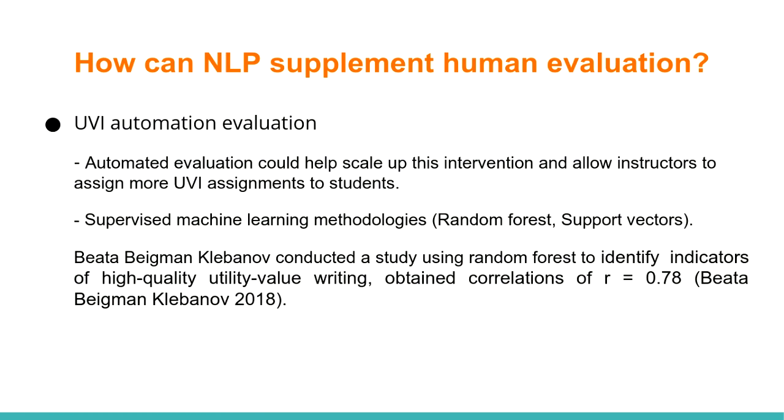This is one of the studies conducted by Beta using a random forest model. He was trying to identify high quality UVI in essay writing, and he obtained around 0.8, which is not a bad result.